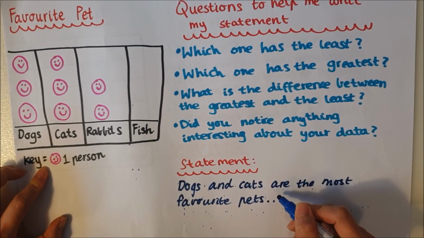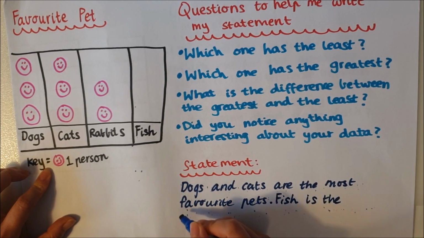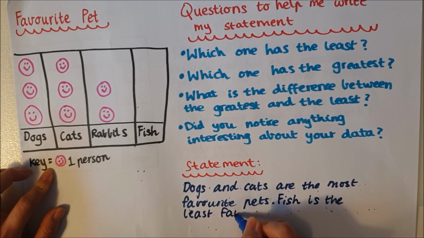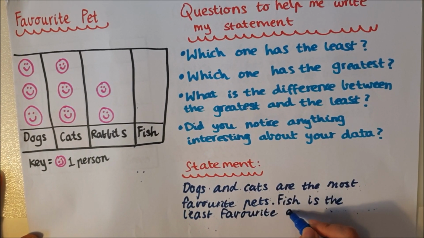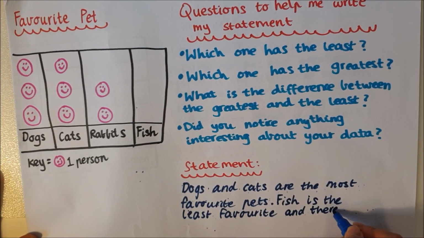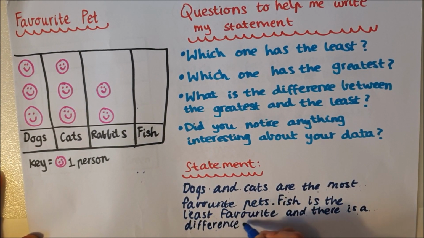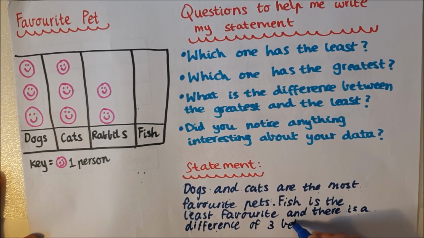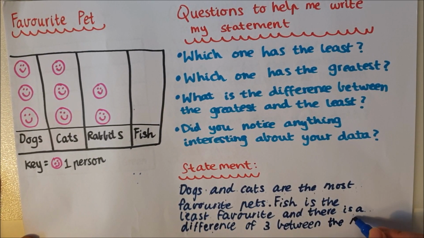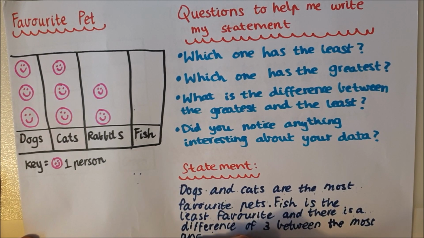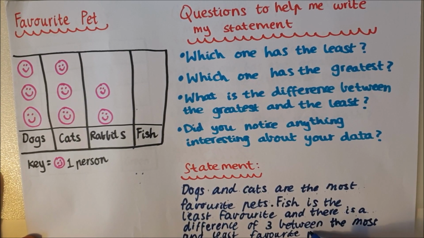So I'm going to write fish is the least favorite, and there is a difference of 3 between the most and least favorite pets.